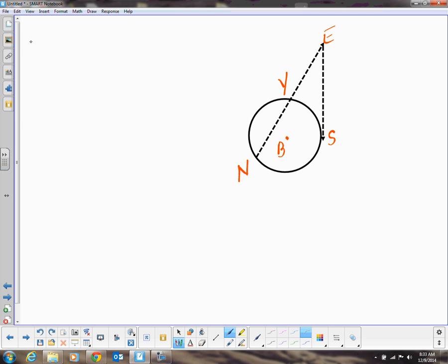So number 22 states that if NY is equal to 5 and EY is equal to 4, they want you to find ES. What's the rule? It's outside times whole is equal, right. You need to correct that on your paper. You're going to study it wrong.